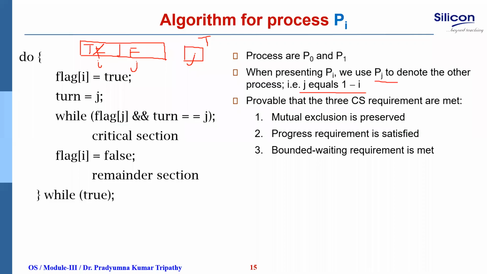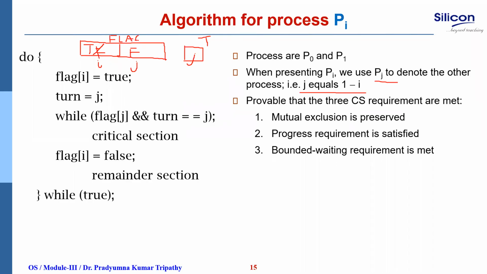Now, can you tell me whether the condition given in the while loop is satisfied or not? And if it is satisfied, what will it do? Just look into this. Initially, both are false. This is flag actually. This array that you have taken is flag, flag of 0, flag of 1.